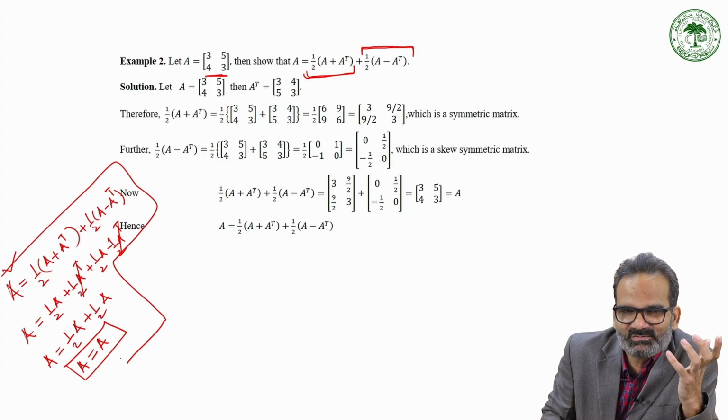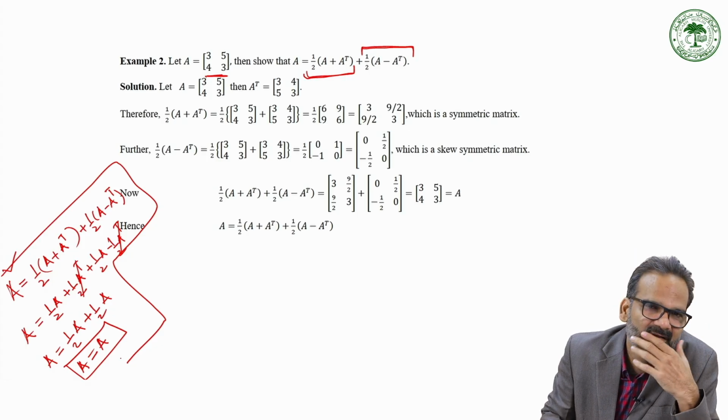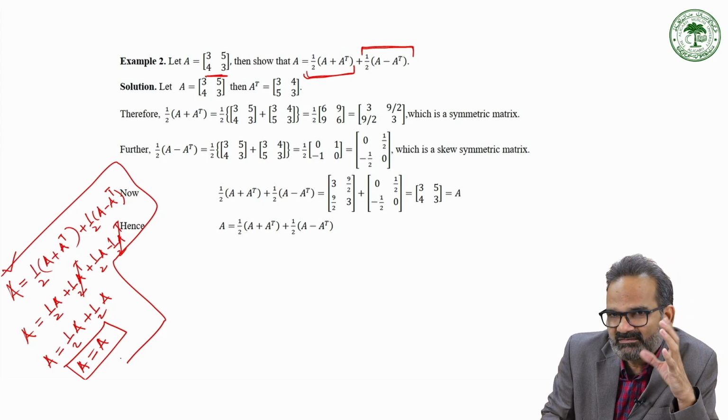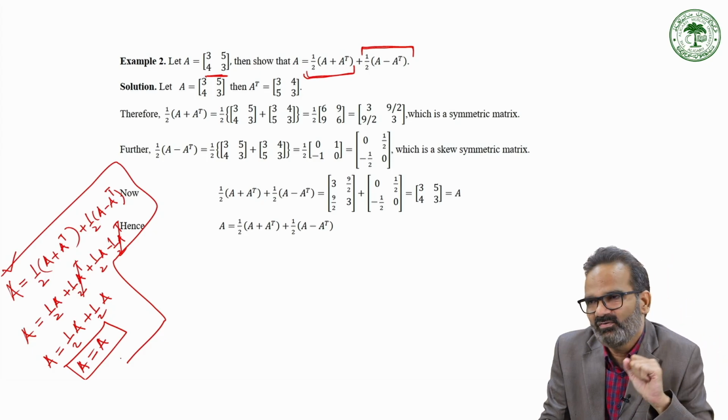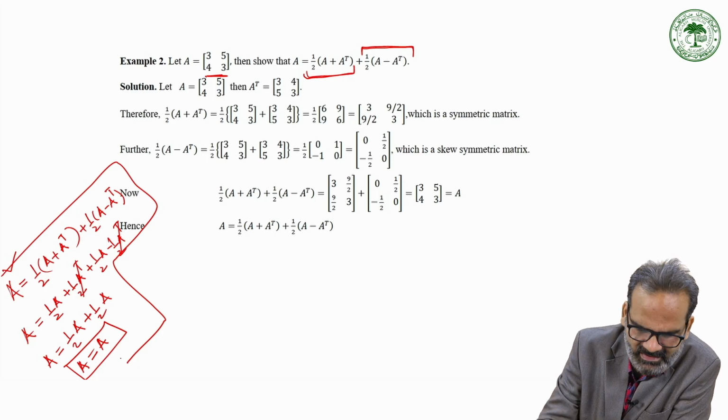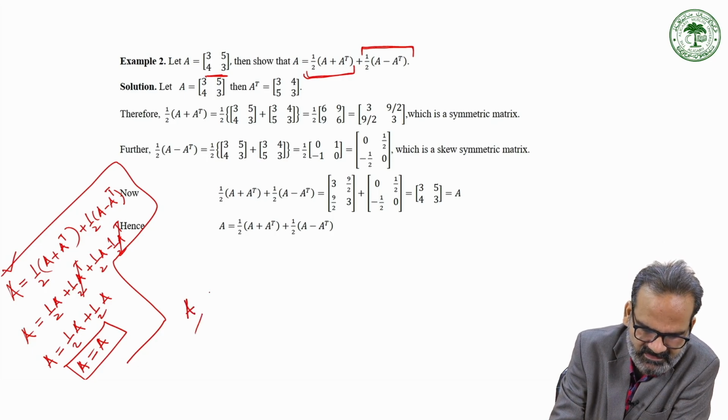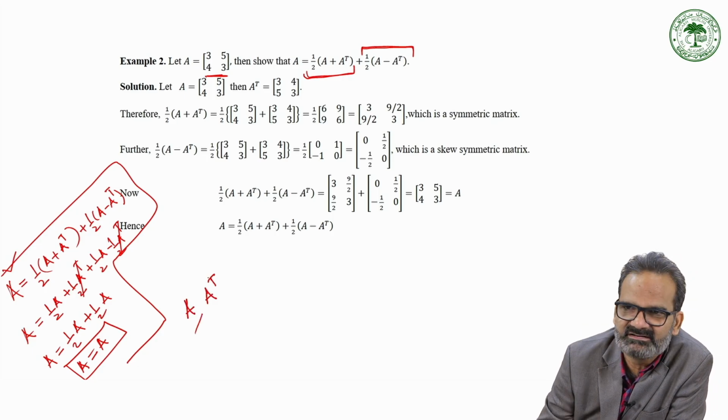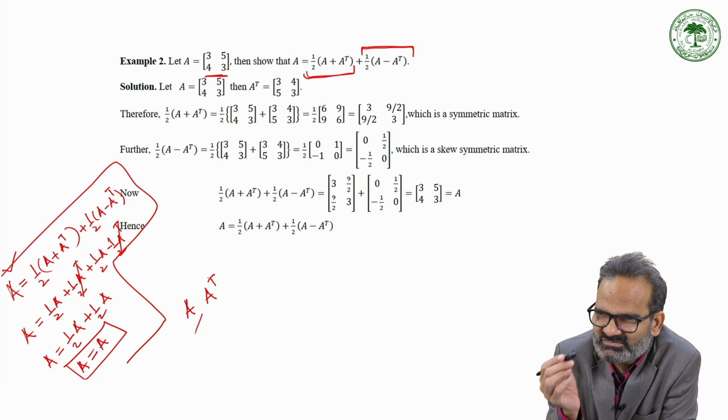This result is true for every square matrix, whether the matrix is of order 2 by 2 as well as of order 3 by 3. Let us see how it works. You are given a matrix A, simply find its transpose AT. Try to solve the question yourself now.